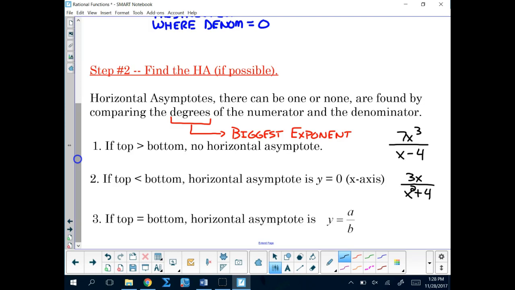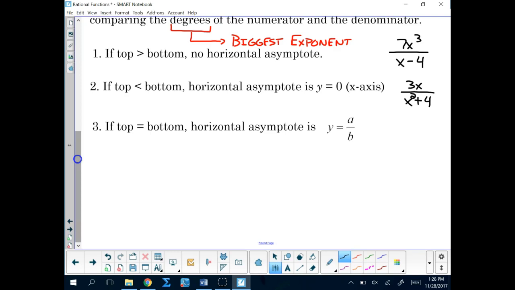Okay. Third case is if they are equal. So if the top degree equals the bottom degree. For instance, something like 2x over 3x plus 4. Or, actually here, let's just go x plus 4 there.